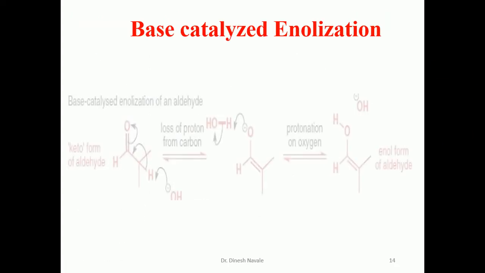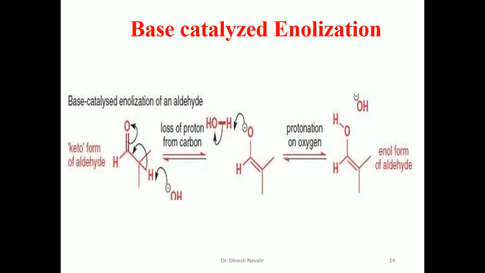In base-catalyzed enolization, in the first step, the alpha hydrogen atom, which is acidic in nature, is easily abstracted by the base and forms the enolate ion. That enolate ion then abstracts a proton from the conjugate acid of this base, giving the formation of the enol.